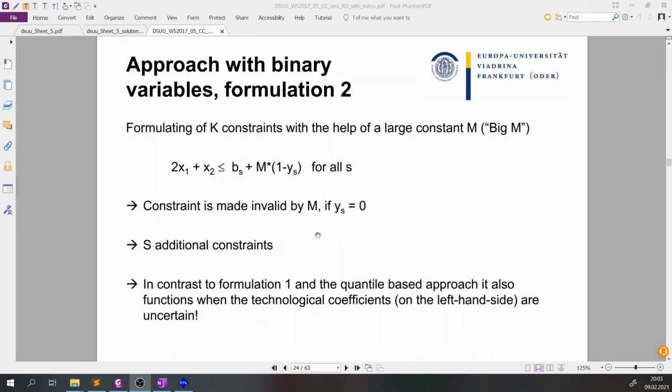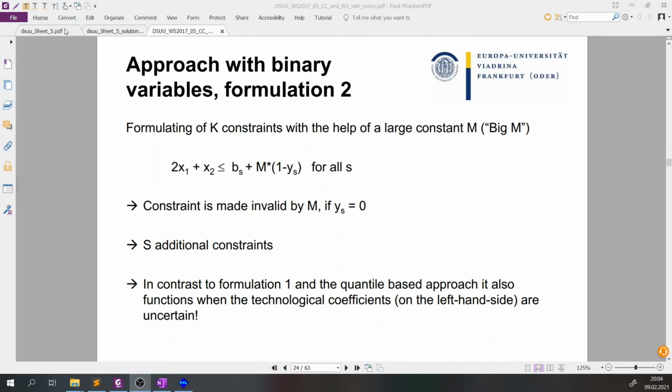And now, up to now, we looked at the case when stochastic parameters, as in the Dakota model, are only at the right-hand side. And for the formulation 2 with big M, we see here it says that in contrast to formulation 1 and the quantile-based approach, it's also possible using this formulation to define chance constraints which have the technological coefficients, so the left-hand side coefficients, also stochastic.